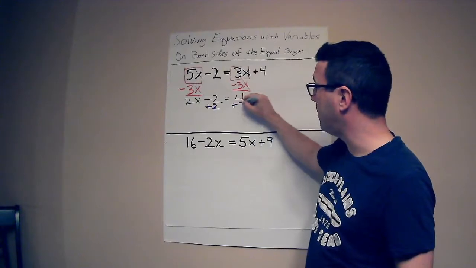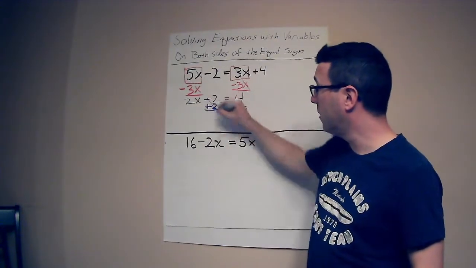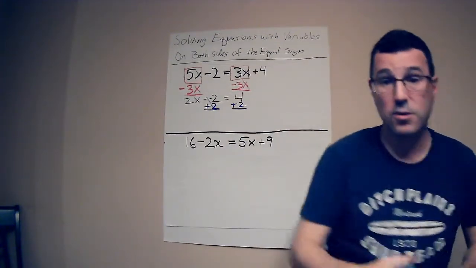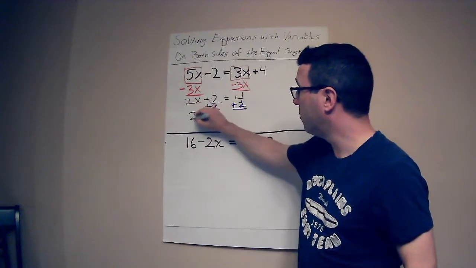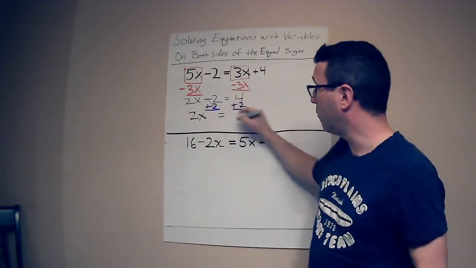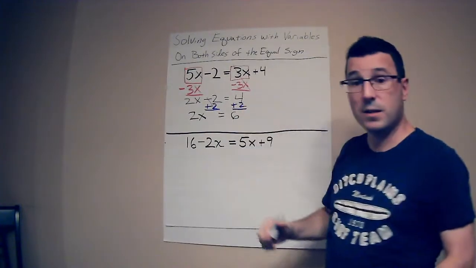So we're going to add 2 to both sides of the equal sign. That cancels out. We now have just 2x on the left-hand side. And on the right-hand side, 4 plus 2 gives us 6.